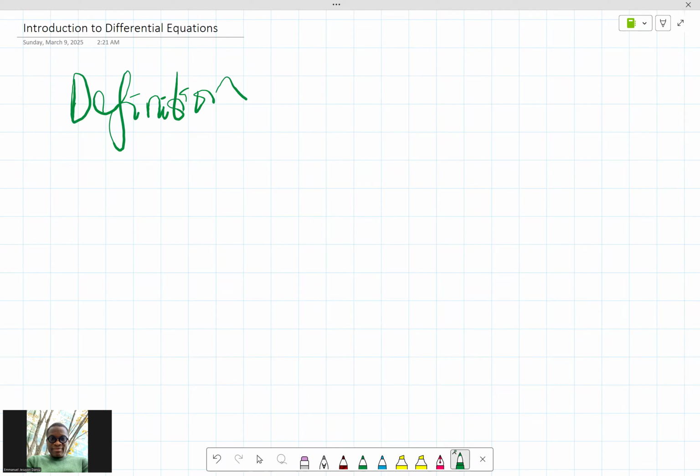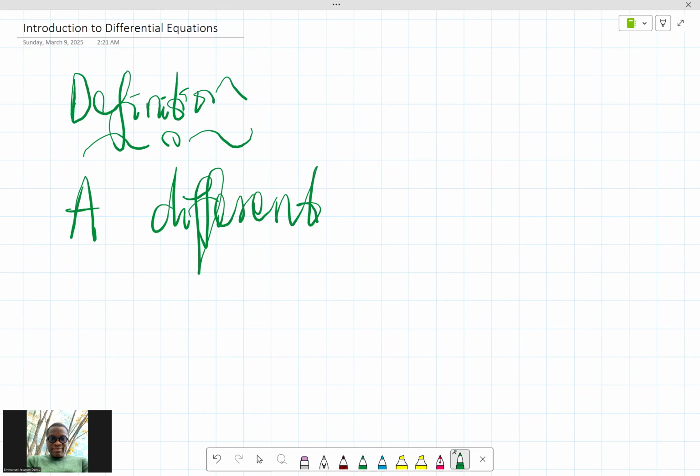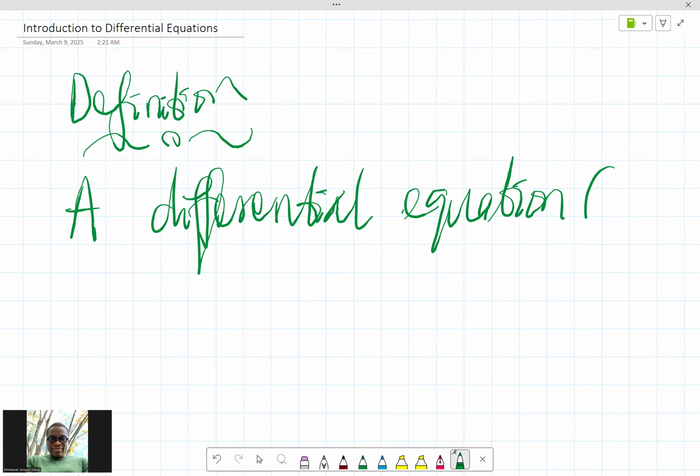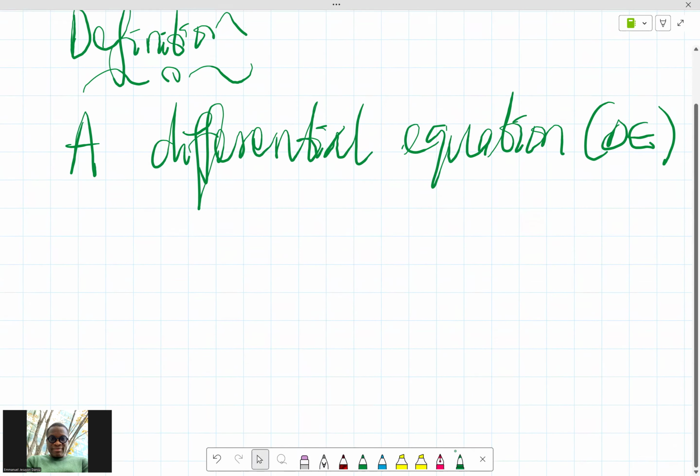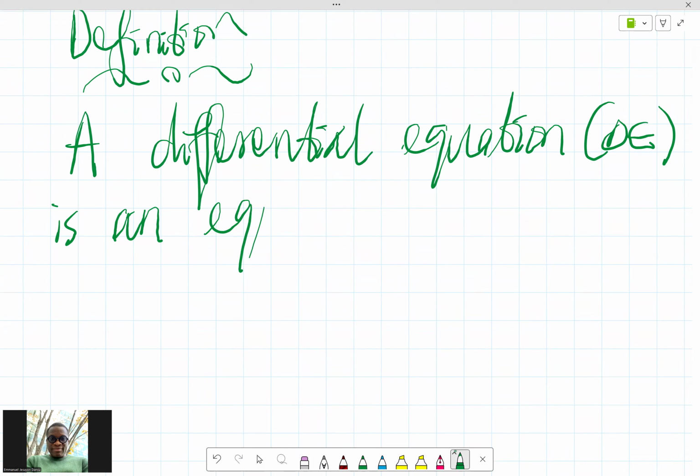Differential equations. A differential equation, DE for short, is an equation. Of course, an equation is that which has an expression equal to something.